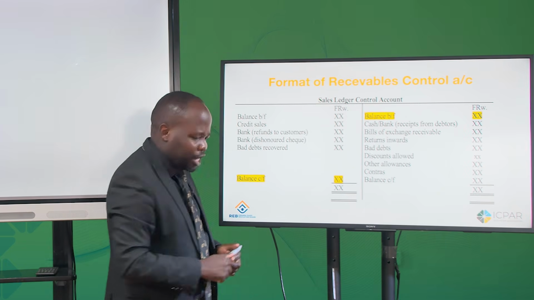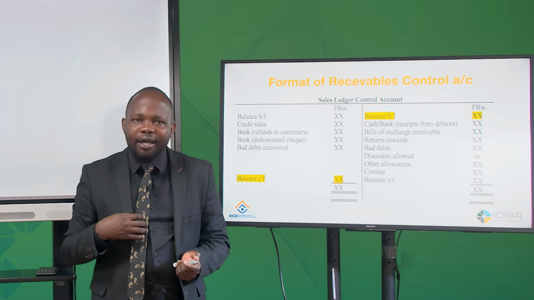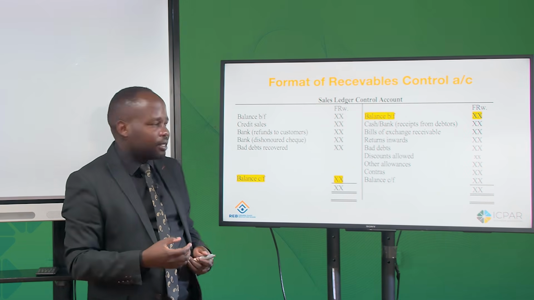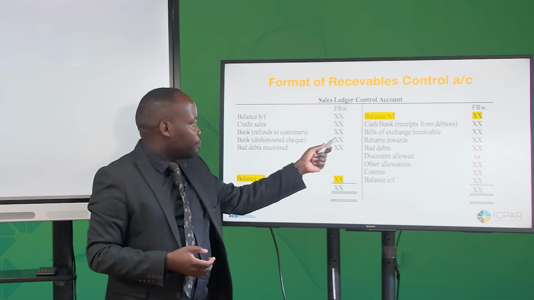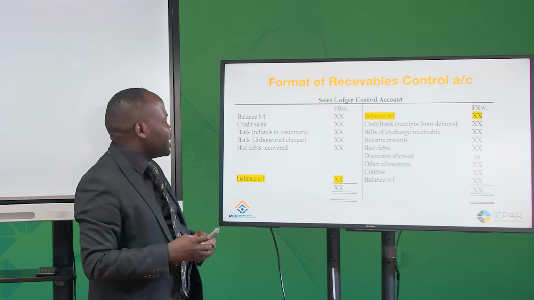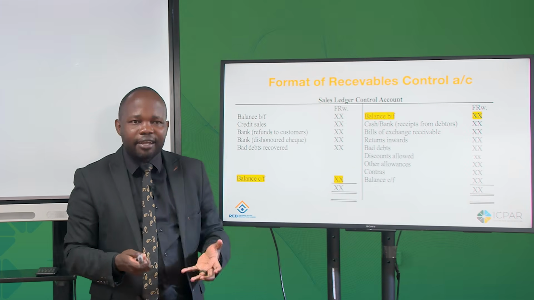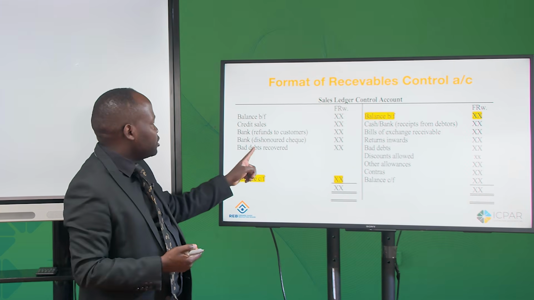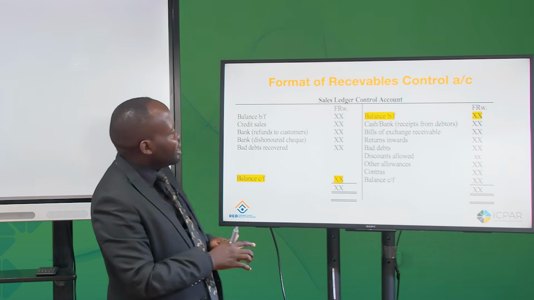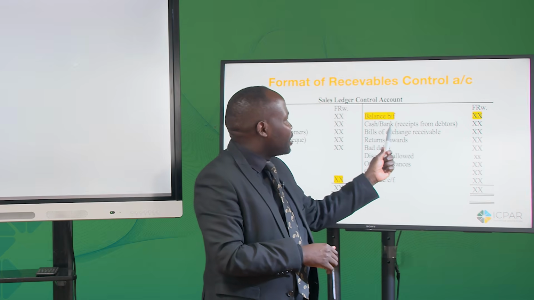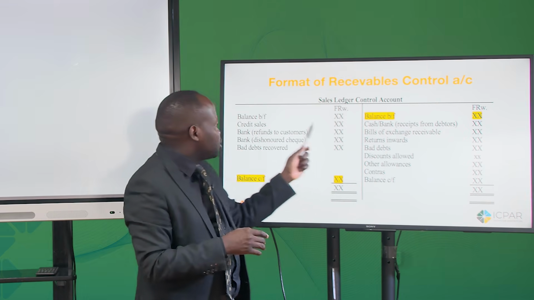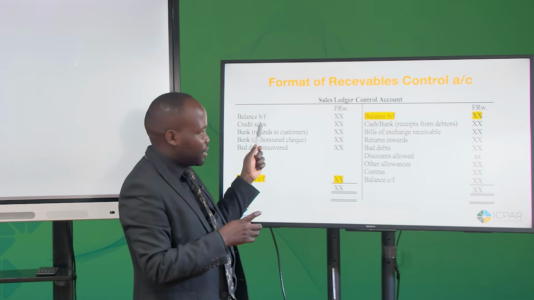If there is any check we received from the customer and it has been dishonored, in that case, we debit it. And if there are any bad debts recovered, there is cash that you have gotten, you debit it. Next, on the credit side, cash: when you receive cash, you now reduce whatever you were expecting.